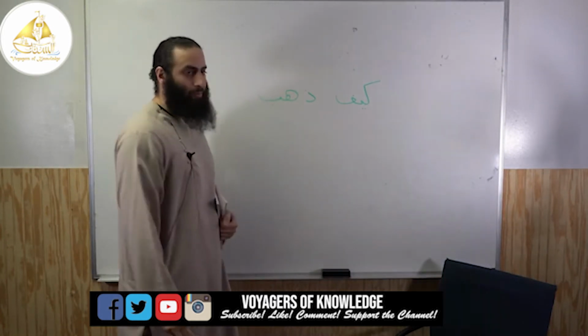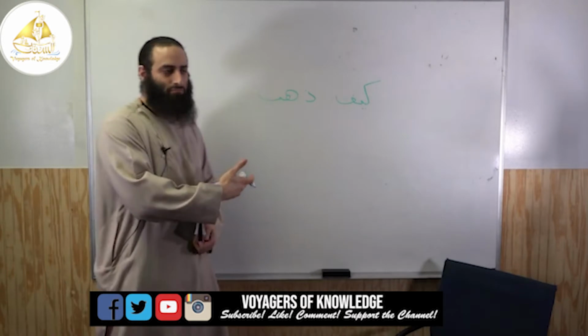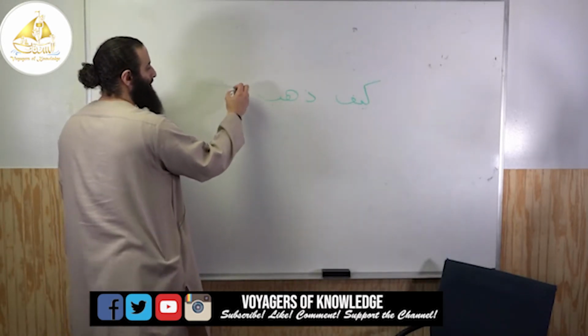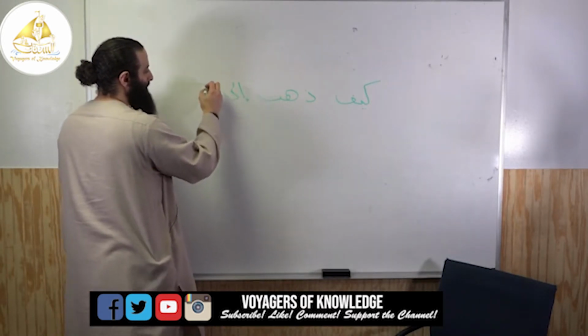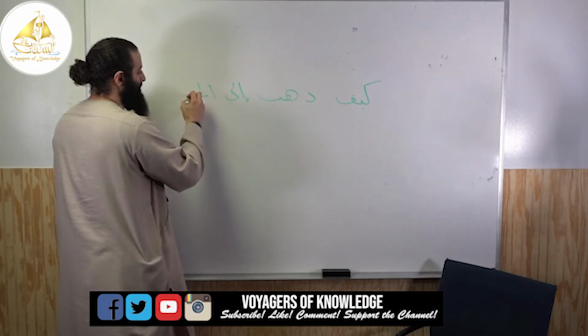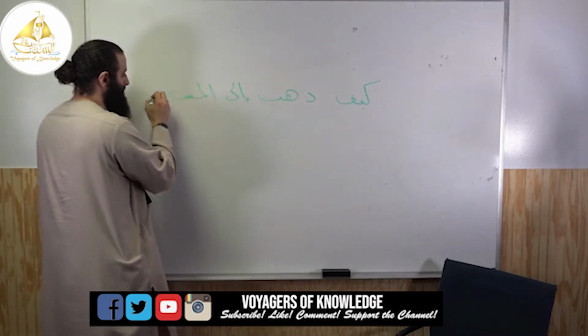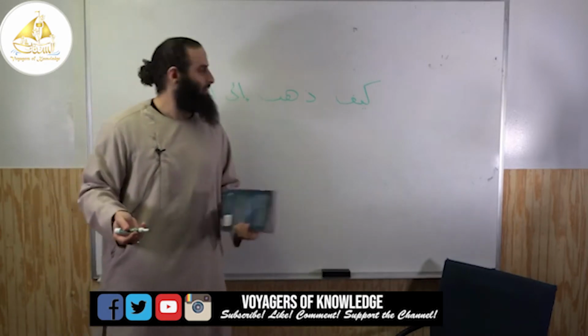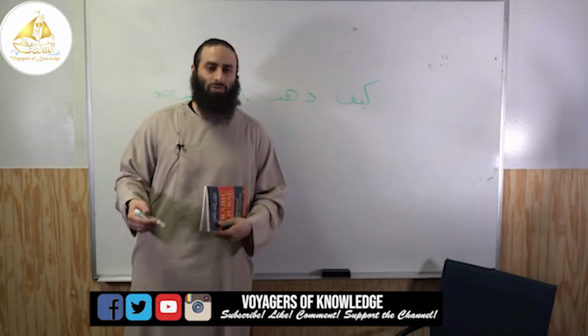How did he go? To where? Maybe to the masjid. كيف ذهب إلى المسجد. Right? How did he go to the masjid? So كيف is used to say how.